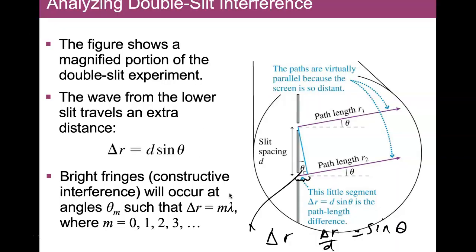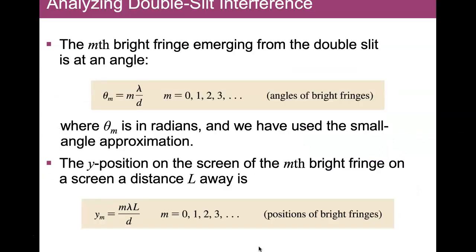So that means that delta r is d times sine of theta. And then we use the condition that delta r is m lambda for constructive interference. Clearly at m equals 0 we get the central point. And then furthermore, we make the approximation of a small angle.